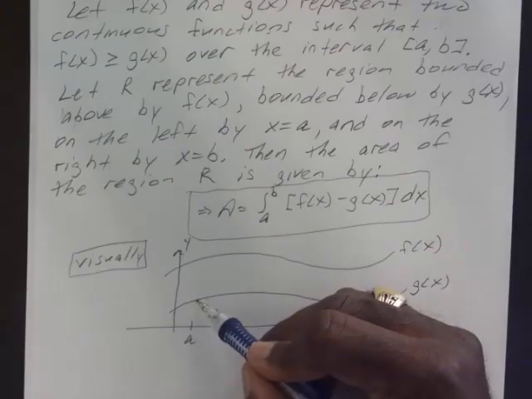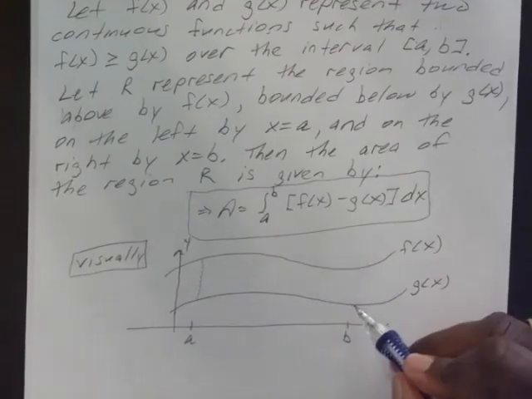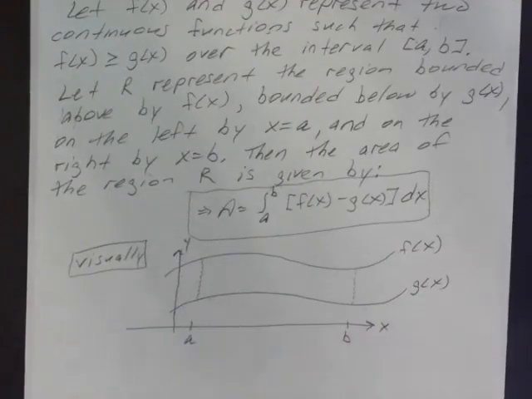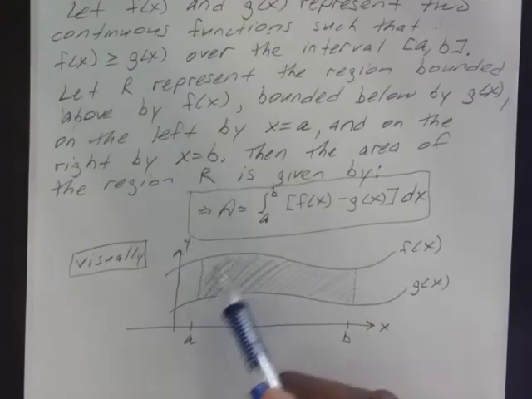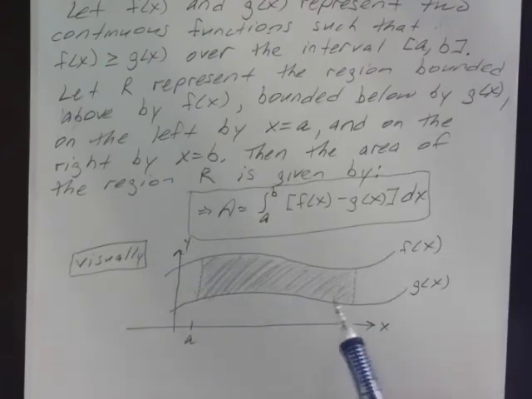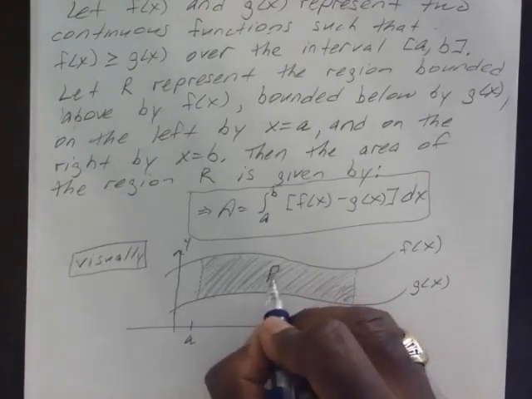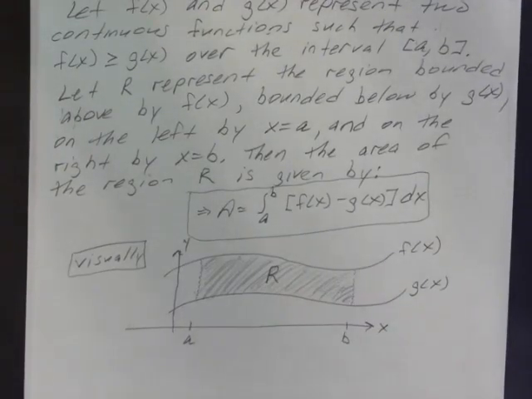So we know between x equals a and x equals b is bounded from the left and right, bounded above by the function f of x and below by g of x, which means that this section right here is the region R that we were looking for. If we want to find the area of that region, we just use that formula.